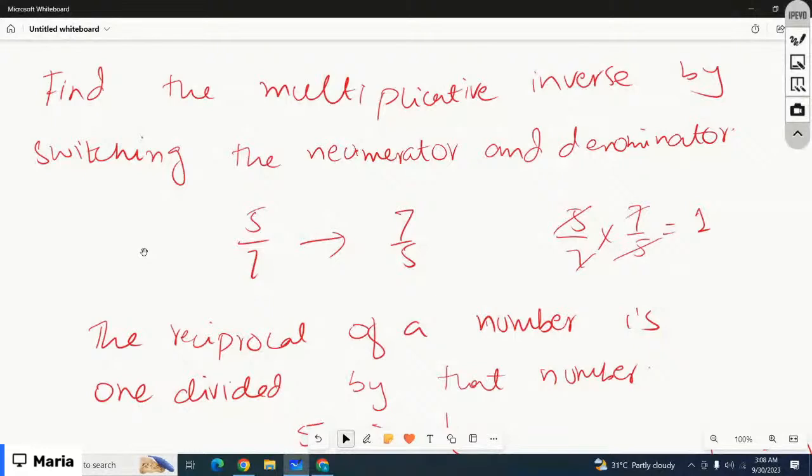I'm waiting for you. Okay, so now we're going to see how we add and subtract rational numbers. Rational numbers look like fractions. So adding and subtracting rational numbers is exactly the same as adding or subtracting fractions. When you're done, let me know. We'll do the practice questions.